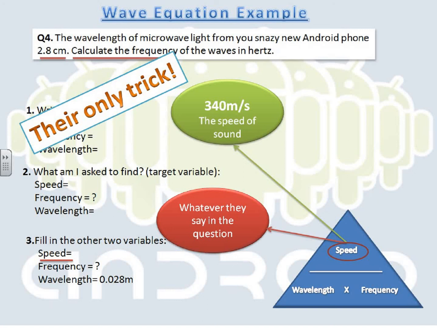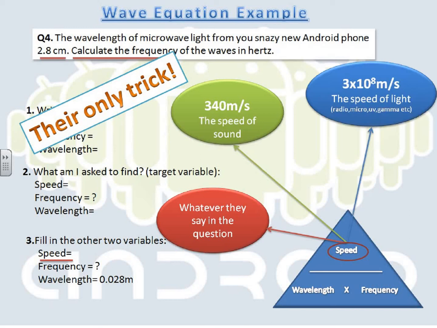And lastly, it could be, if they're talking about any kind of radiation, the speed of light. So that's if it's light shining in your eyes, if it's radio, microwave, UV, gamma, X-ray, ultraviolet, visible, any of those things, they're all kinds of light. So in that case, your speed would be 3 times 10 to the 8 meters per second.